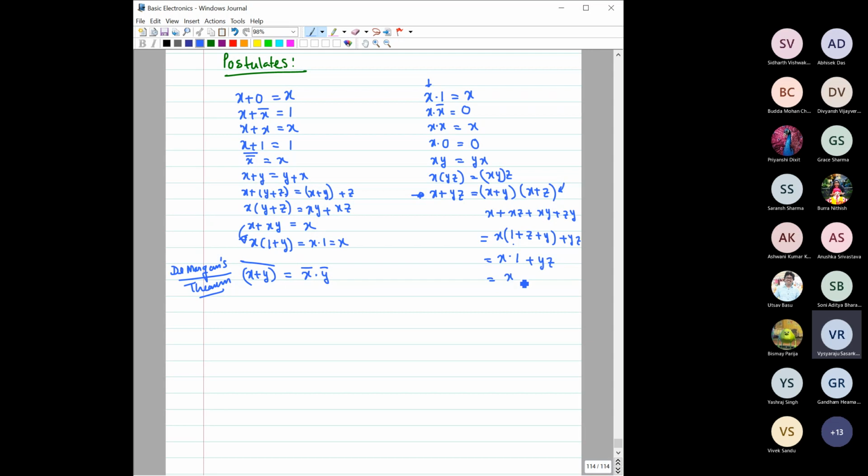So that would give you x plus yz. It is in this way you can check whether this is the same or not.